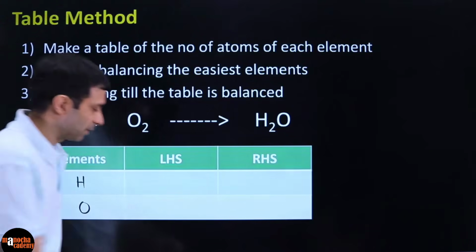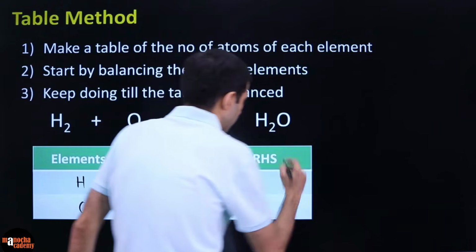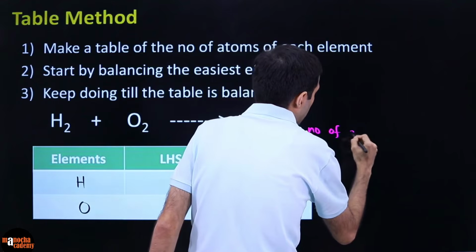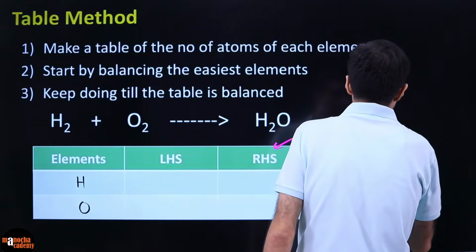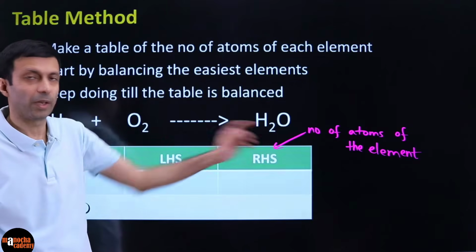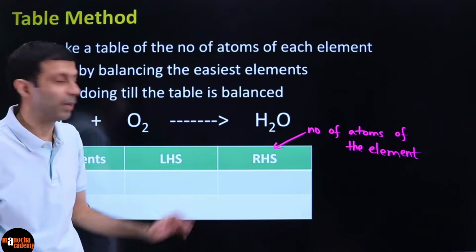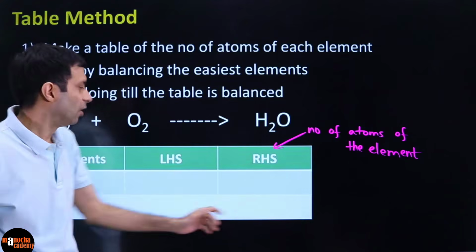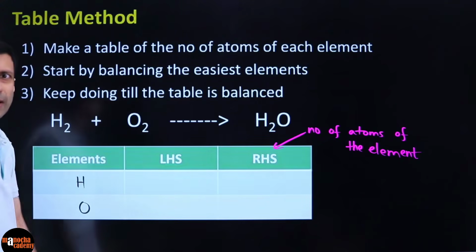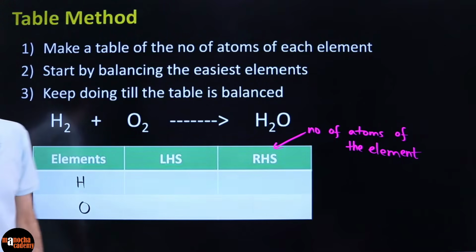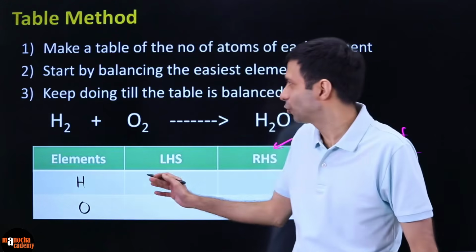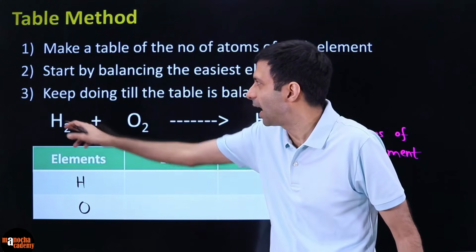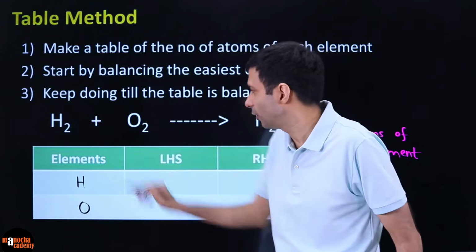LHS, RHS means what we are putting down here is number of atoms of the element. Okay, so we'll be putting down the number of atoms of each element. On the LHS means left hand side, RHS is right hand side. So on the left hand side, how many hydrogen atoms are you seeing here? Can you tell me? Very good, the right answer is 2, because there are 2 atoms of hydrogen, 1 molecule containing 2 atoms.